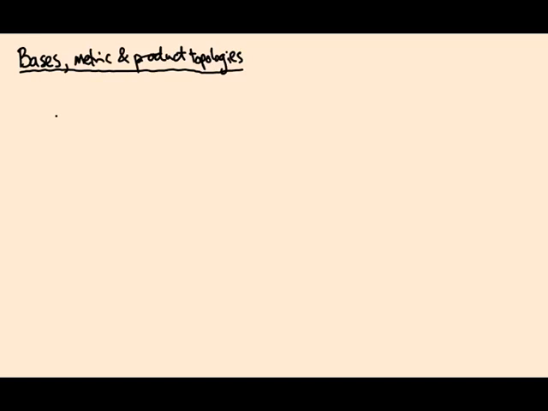So I'm going to first tell you, given a metric space X with a metric D, how do I define a topology on X?